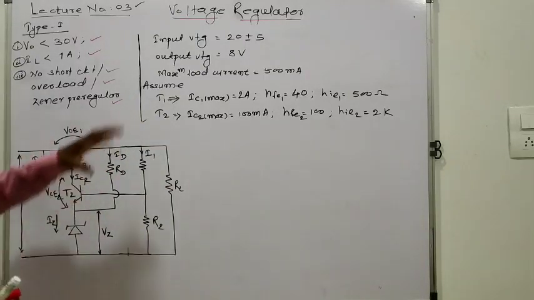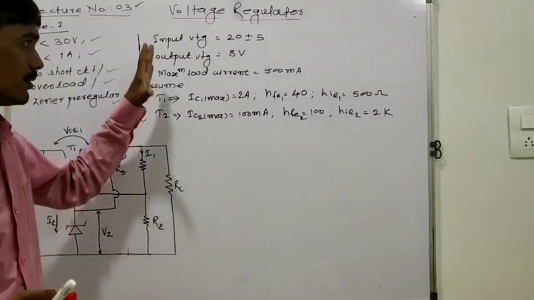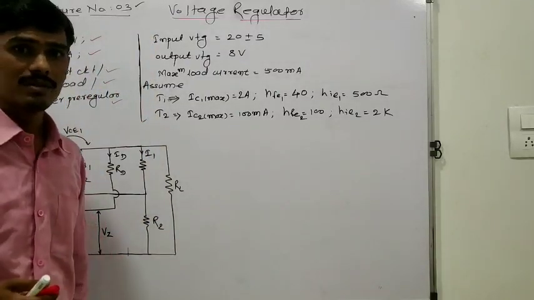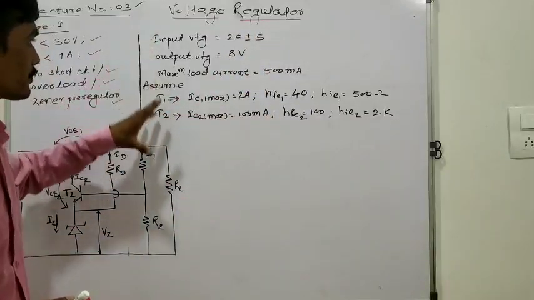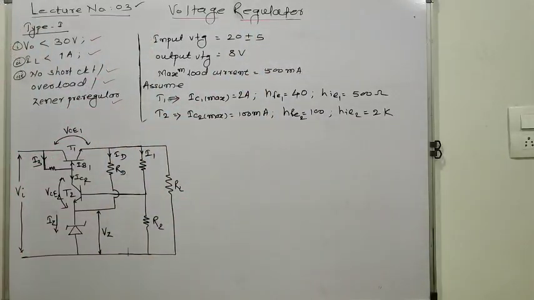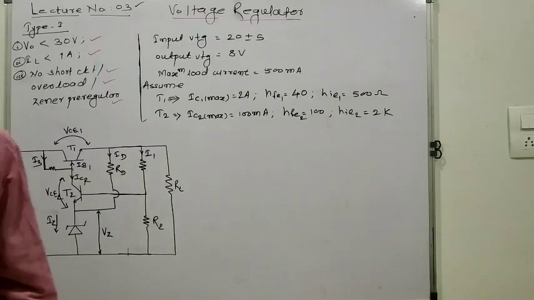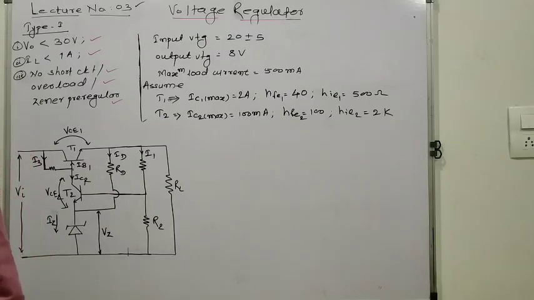You will get the problem statement in the notes available on the LMS, or I will just write down the given data. The first problem is: design a voltage series regulator with the following specification.